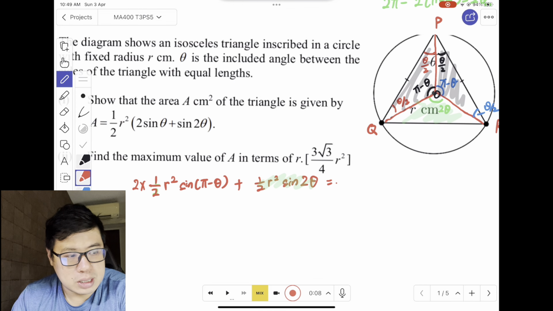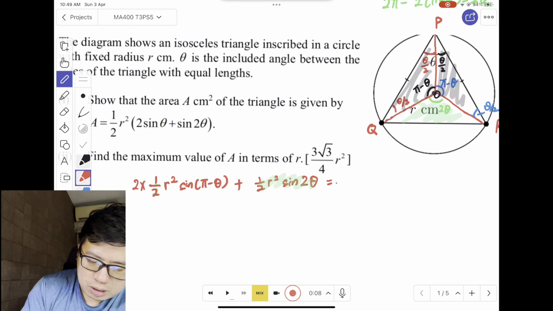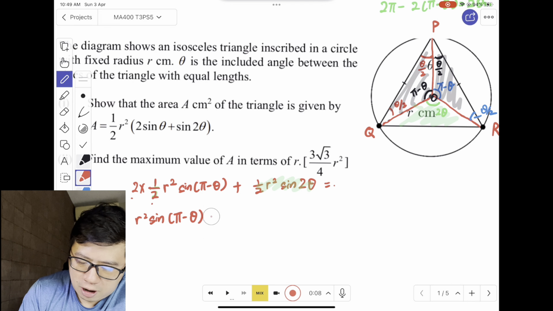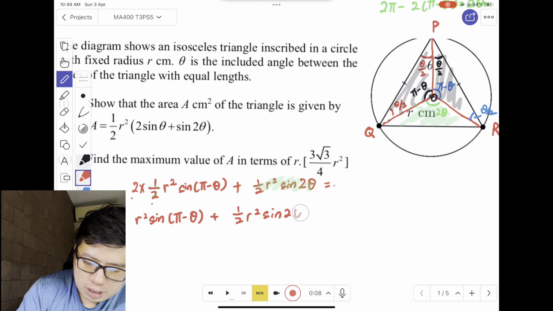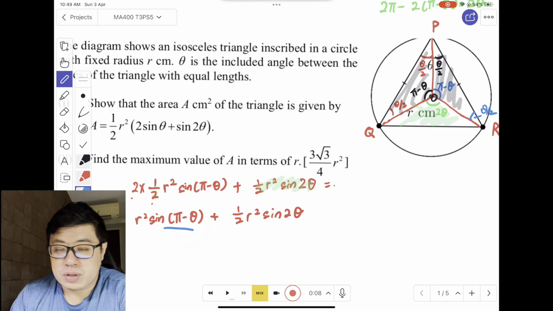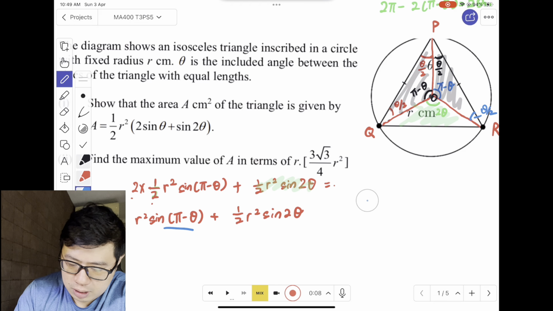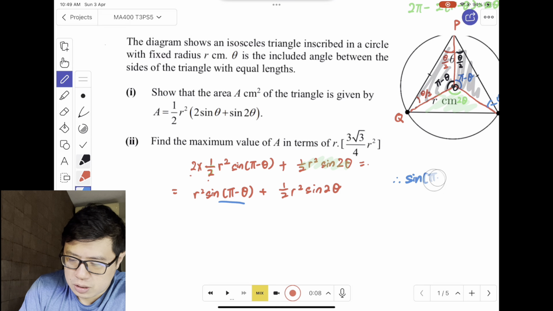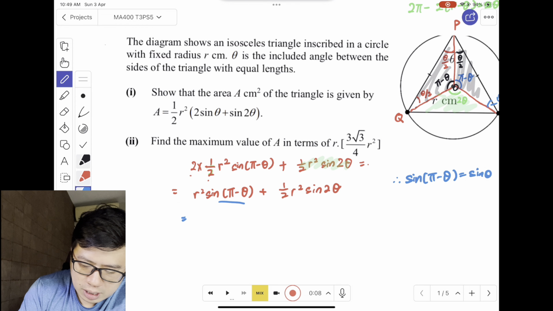As I calculate this eventually, that gives me 1 r squared of sine of pi minus theta plus half r squared sine 2 theta. And we all know that if you use the supplementary angle formula, sine of pi minus theta is also equal to sine theta, which allows us to write this as r squared sine theta instead.